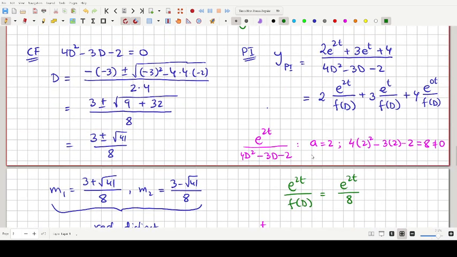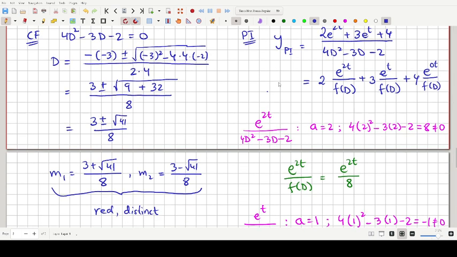So you see, y_PI was a linear combination of 2 times the first particular integral plus 3 times the second particular integral plus 4 times the last particular integral.